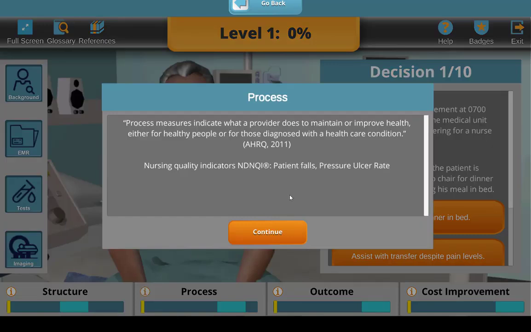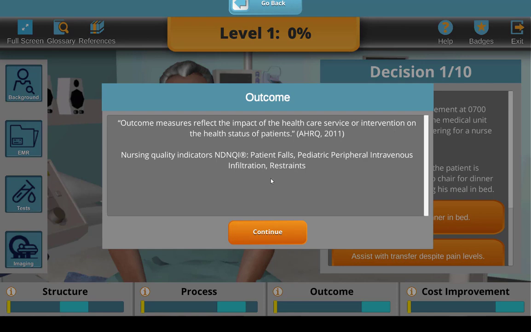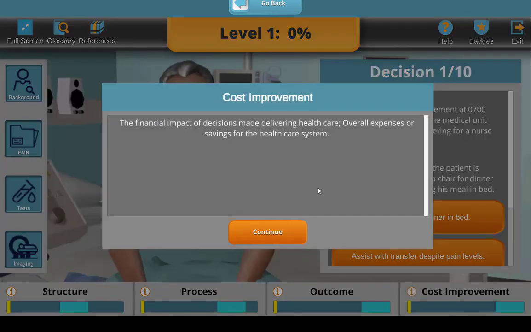Process would be the measurement of whether or not we're able to maintain or improve the health of those diagnosed with a condition within the facility. Outcome, of course, is the status of the patient. It's going to be reflective of the care that they received on the overall health status of that patient. And cost improvement: did that decision have any type of impact on the overall expenses or savings for that healthcare system?